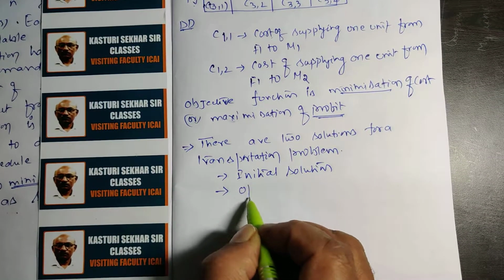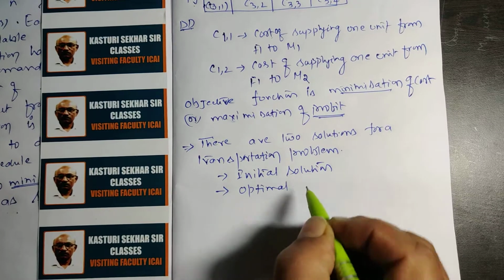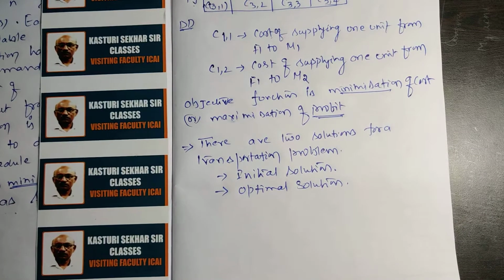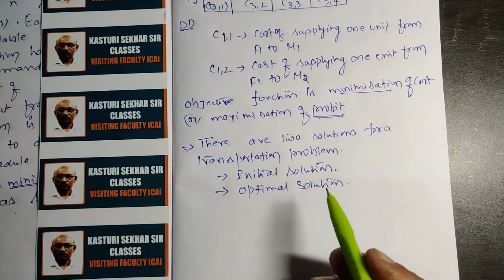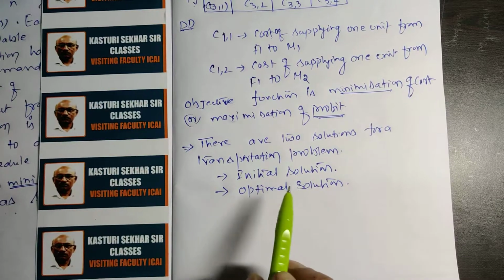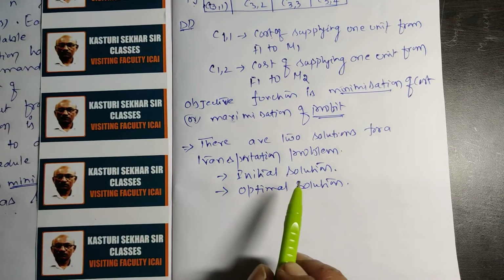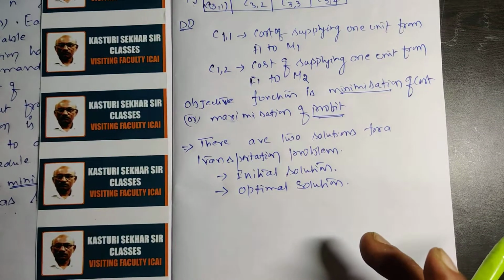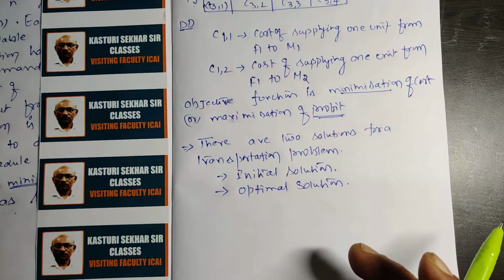Second one is optimal solution. Look at this point one more time. There are 2 solutions for a transportation problem. First one is initial solution. The next one is optimal solution. First we have to calculate an initial solution to the given problem. Then it is developed for optimality, that is, it is developed to get the optimal solution.